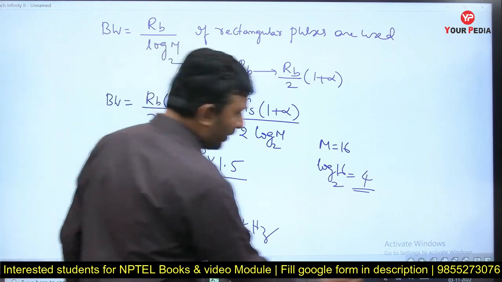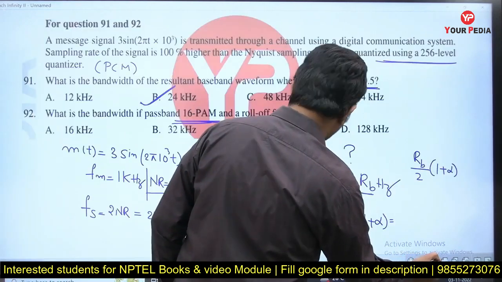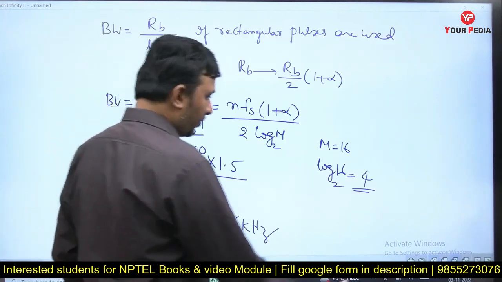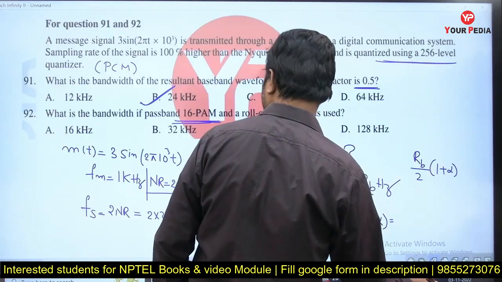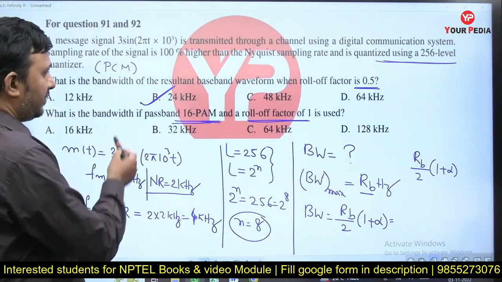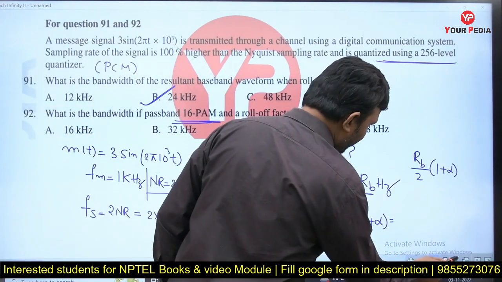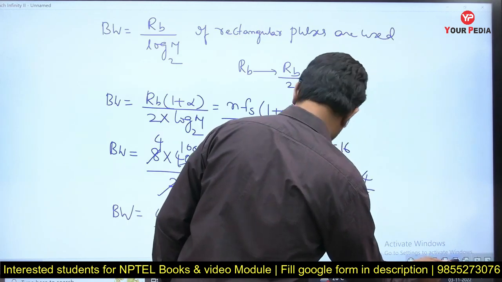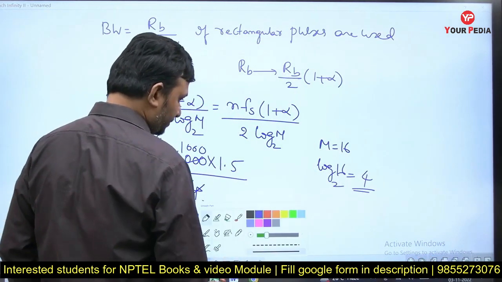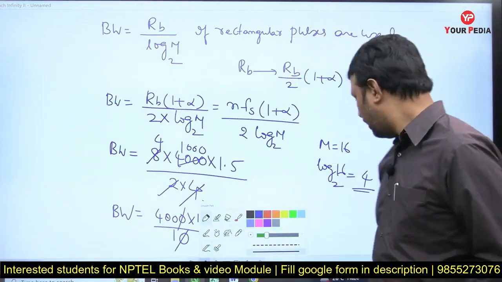Let us verify whether we are having 6 kilohertz. We are not having this 6 kilohertz in the options, but 6 kilohertz will be your answer. Now you can observe the bandwidth got reduced.